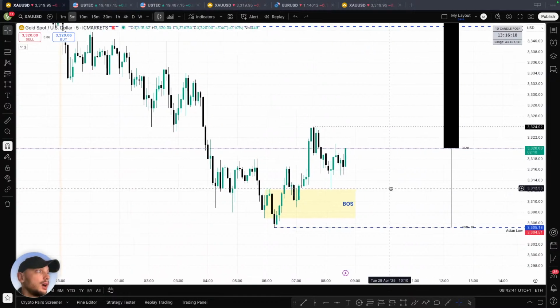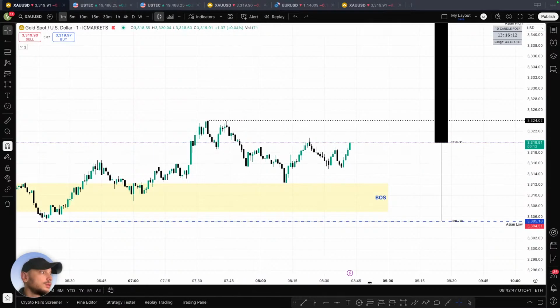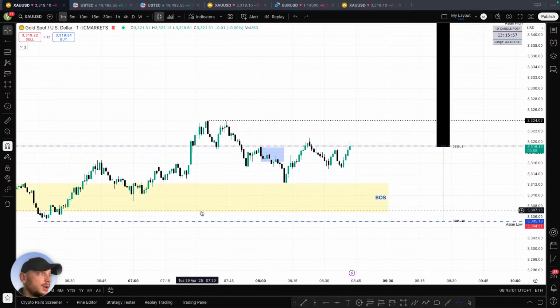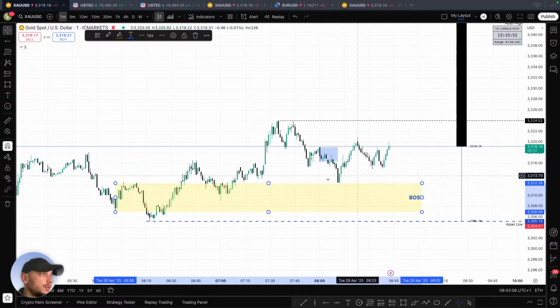But how do I decide, let's say today on 1 minute on gold, we break below, and we had this break, we have this breaker block.